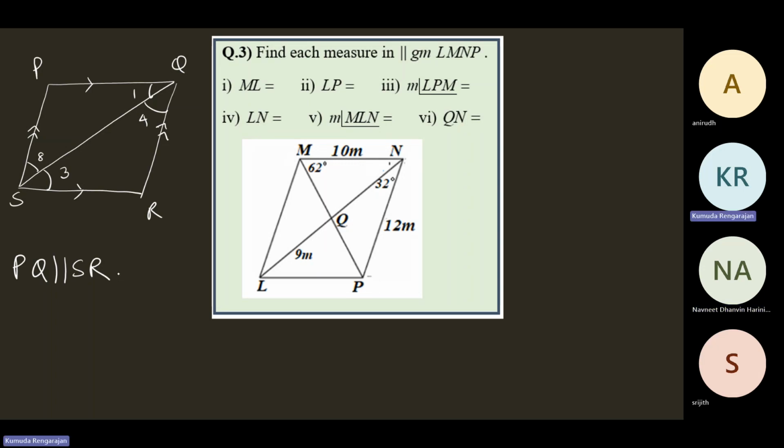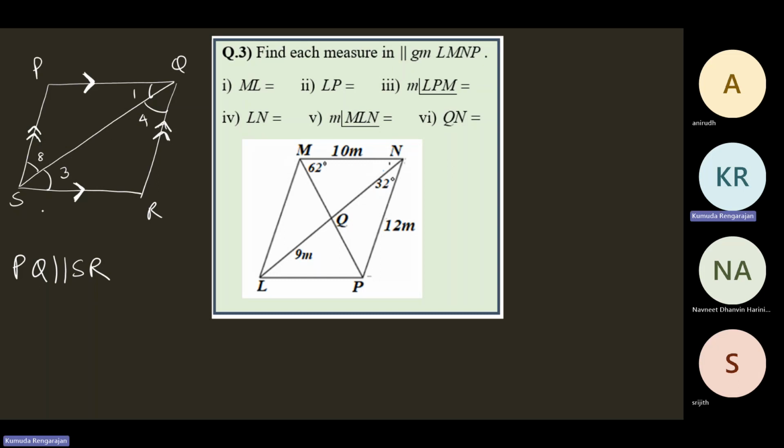Yeah, correct. These arrows indicate parallel lines. So you can see a pair of single-headed arrows here. This means PQ is parallel to SR. The double-headed arrows here and here mean that PS is parallel to QR. I have not mentioned PQRS is a parallelogram anywhere.